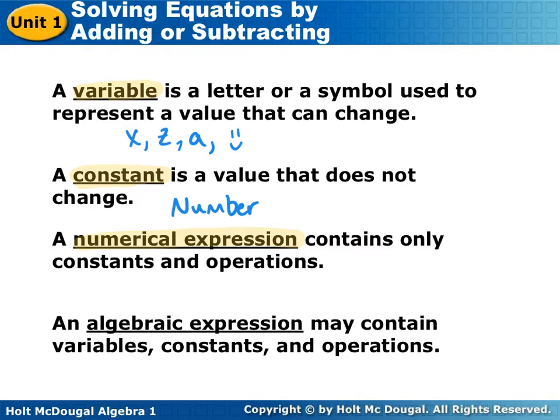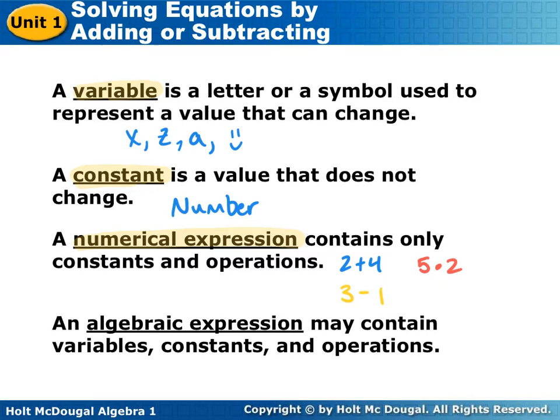So a numerical expression is something like this: 2 plus 4. I'm going to give you a couple different examples. Another one could be 3 minus 1. A third one could be 5 times 2.